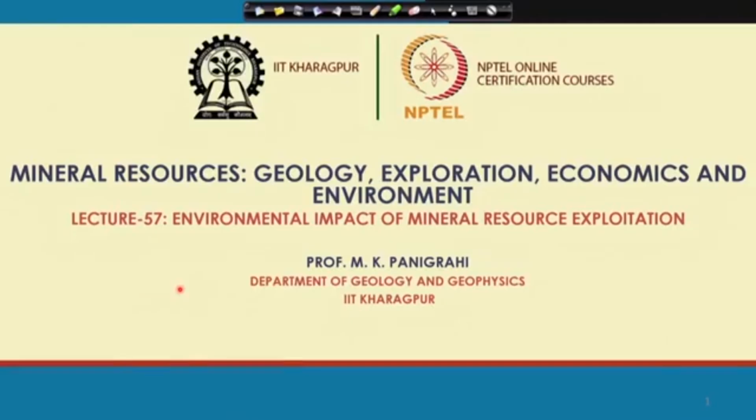Welcome to today's lecture. We just started our discussion on the environmental impact of mineral resource exploitation, and today we will have a brief discussion on one of the known impacts of mineral resource exploitation, particularly pertaining to the multimetal sulfide deposits, which have been the major source of base metals like copper, lead and zinc in the world, and those deposits which are essentially worked by open pit methods.